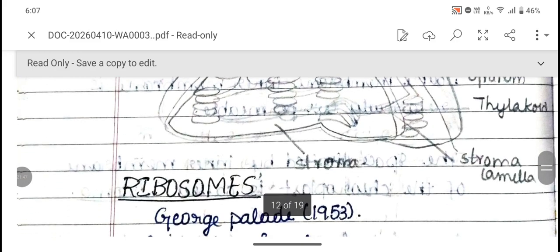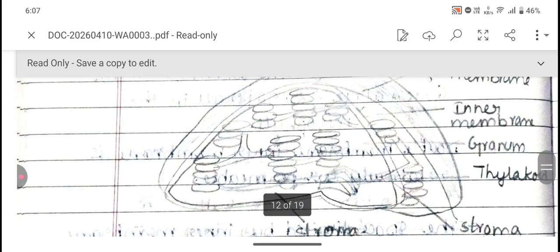Thylakoids have outer and inner membranes. Inside the thylakoids we can find the chlorophyll pigment which traps the light energy and converts it into chemical energy, serving the purpose of photosynthesis in plants.